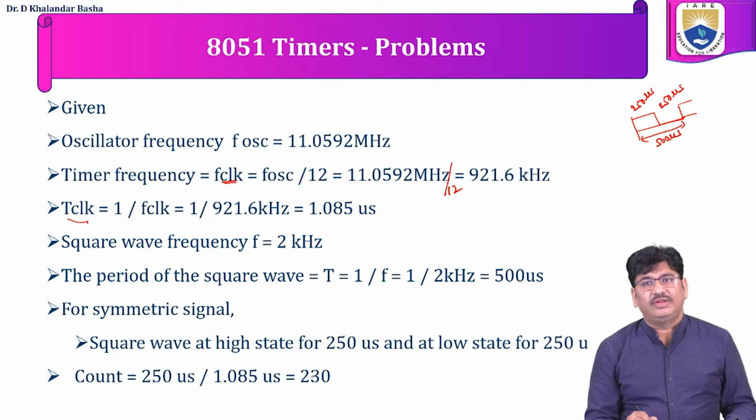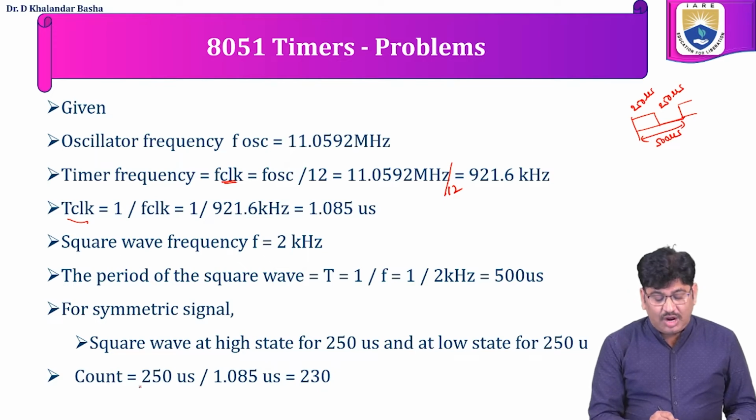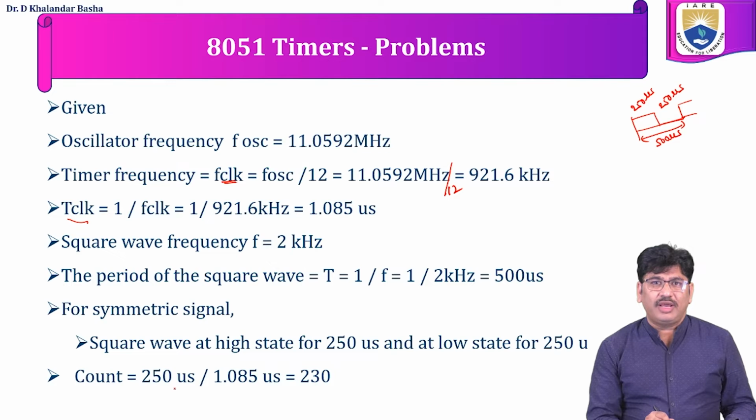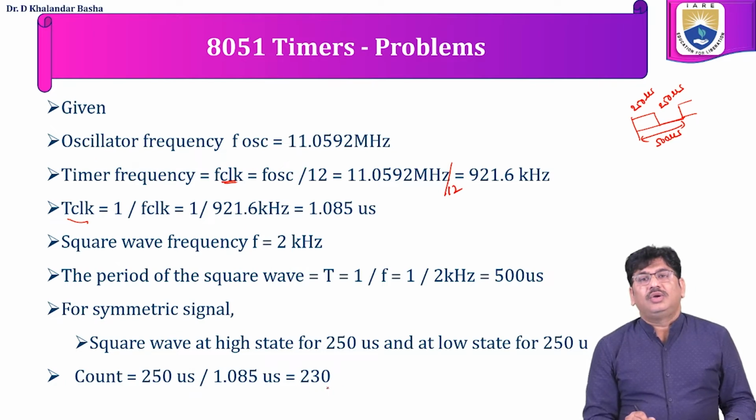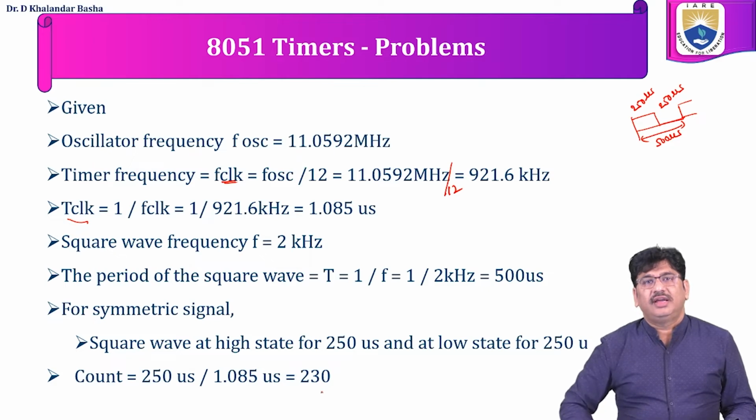So the count is calculated as the required time of 250 microseconds divided by the clock period of 1.085 microseconds. So we have to pass a total of 230 clock pulses for generating a square wave with 50% duty cycle for 250 microseconds.